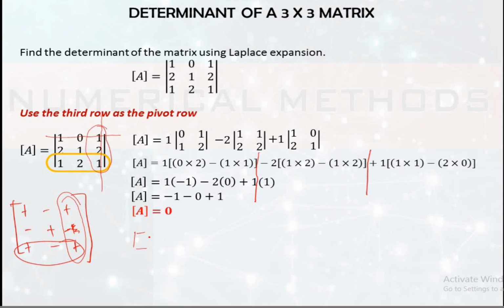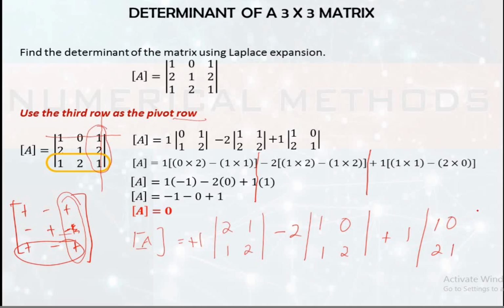So, the cofactor of 1, that is 2, 1, 1, 2, positive, then minus 2, 1, 0, 1, 2, then plus 1, 1, 0, 2, 1. Then, the same. You will arrive at the same answer. The determinant of matrix A is equal to 0.